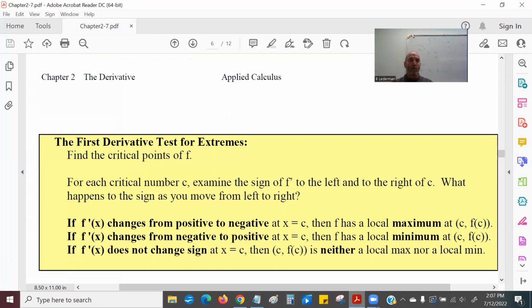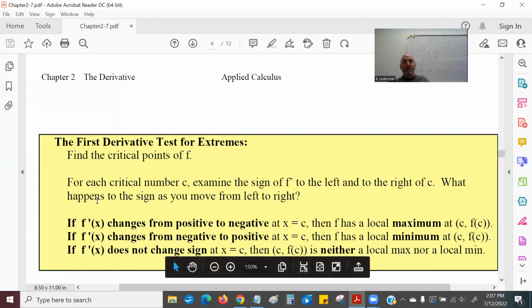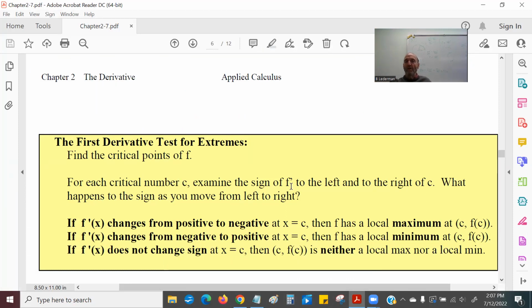What we just did in a casual way is really called the first derivative test for extrema, for what I'm calling maxes and mins. And here's how it goes. For each critical number C, examine the sign of f prime to the left and to the right of C. What happens to the sign as you move from left to right?